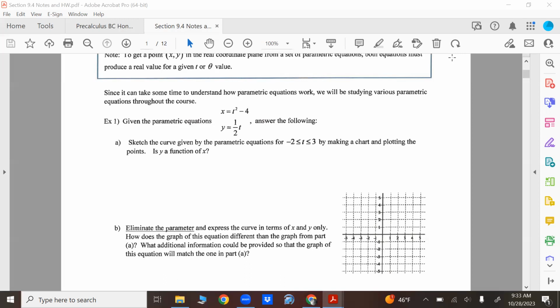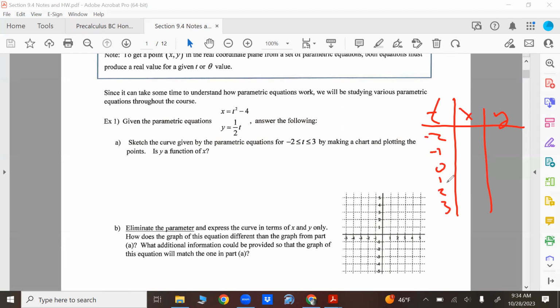So anyway, here's what I'm going to do. I'm going to make a table of 3 columns. I'll put t, x, and y. I'll let t be -2, -1, 0, 1. I need more space, so let's do this again over here: -2, -1, 0, 1, 2, and 3.